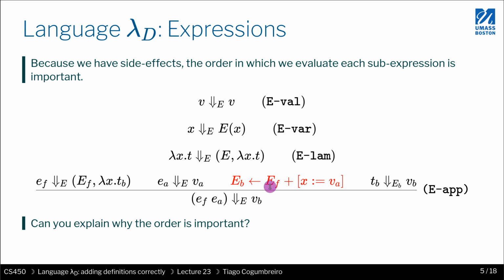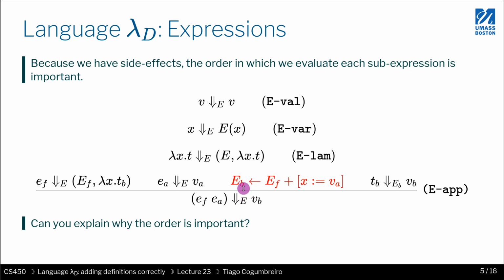What this arrow is saying is I'm creating a new environment, and I'm going to call it E of B. So think of it as allocation. I'm going to allocate E of B, a new environment, that takes all variable bindings of E of F, and I'm going to add a new binding where X is assigned to V of A. Where do I get X from? From the closure. Where do I get V of A? From the recursive evaluation of this. So that's how you get this new environment E of B.